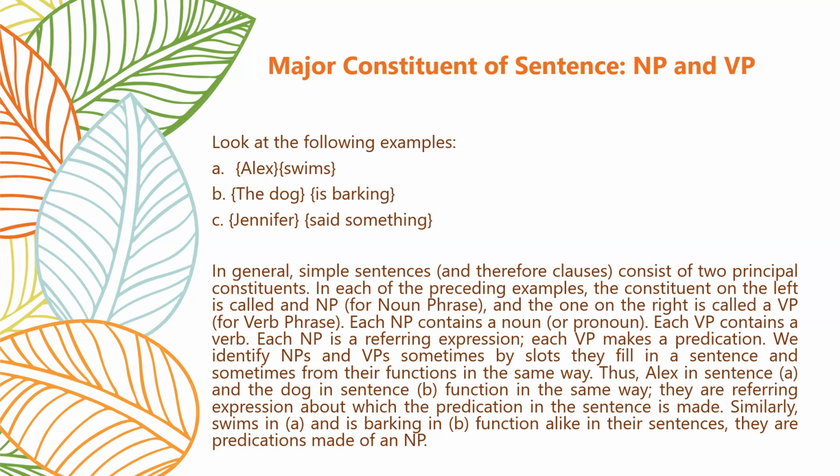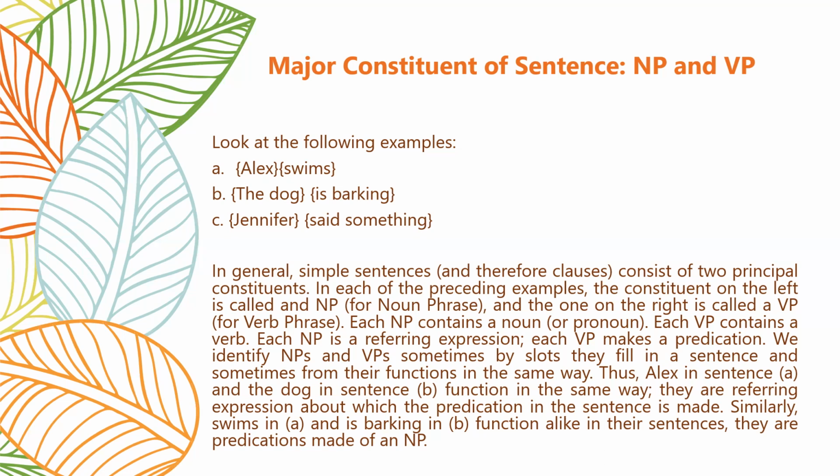So we identify noun phrase and verb phrase sometimes by slots they fill in a sentence, and sometimes from their functions in the same way. So sometimes looking at the sentence structure, you can see this is the noun phrase and this is the verb phrase. And sometimes looking at their functions, also you can identify them. Thus, Alex in sentence A, Alex swims.